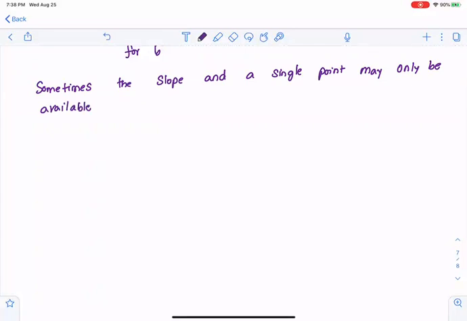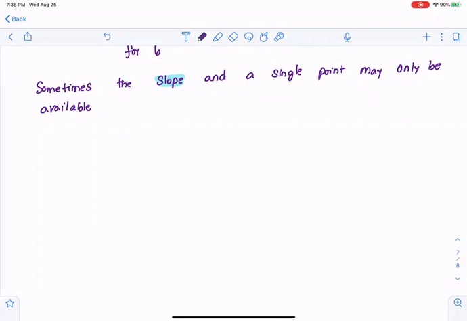And you may say, well, the guy said we need 2 points to come up with the equation of a line. Now we just have a single point. How do we come up with the equation of the line? The key part here is slope. If you have the slope, all you need is 1 single point to find the equation of the line.